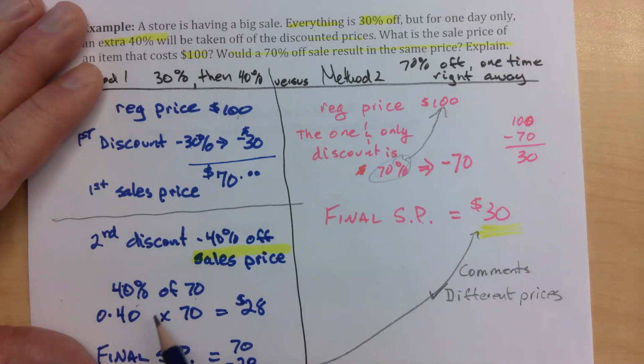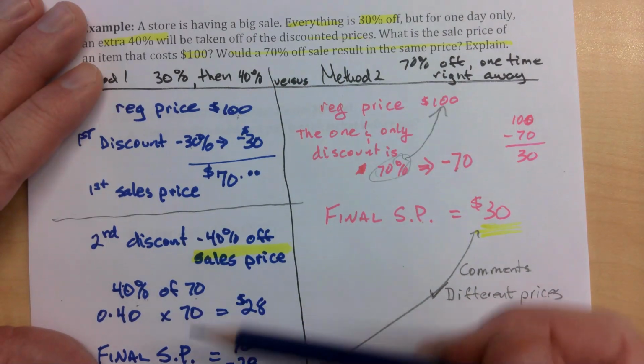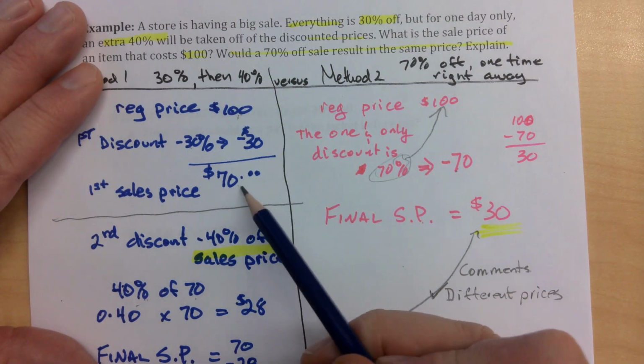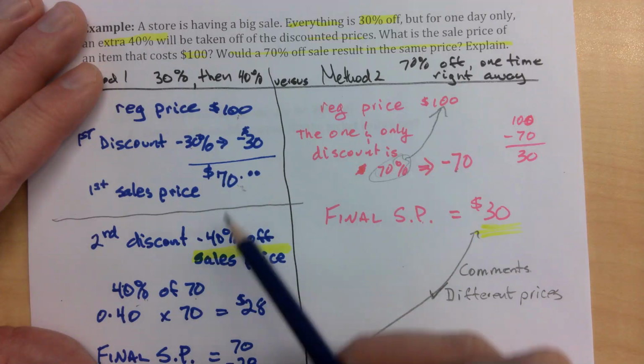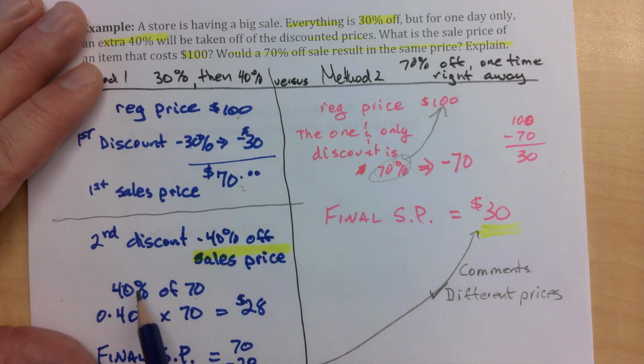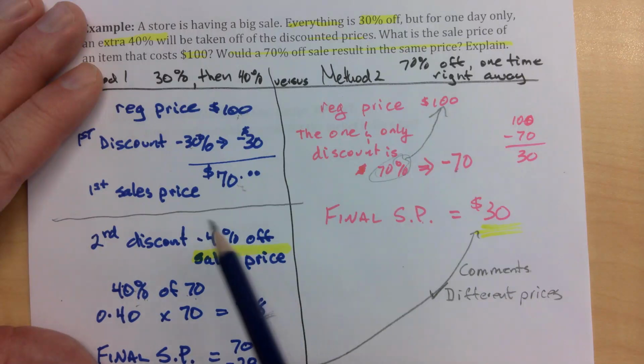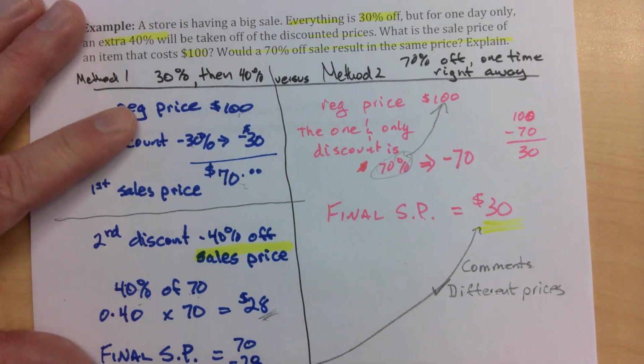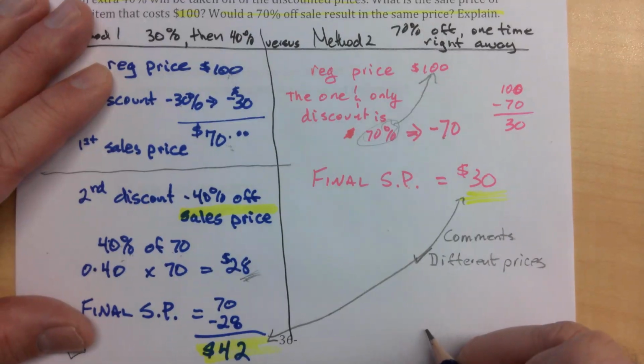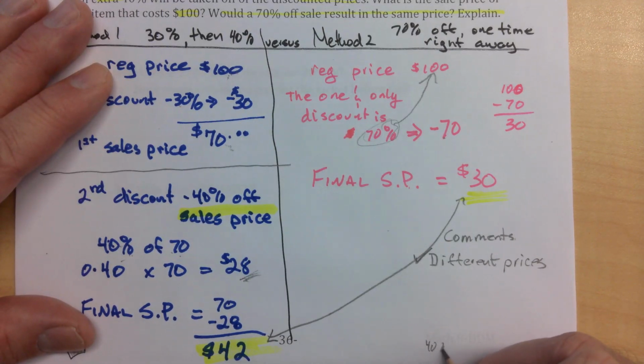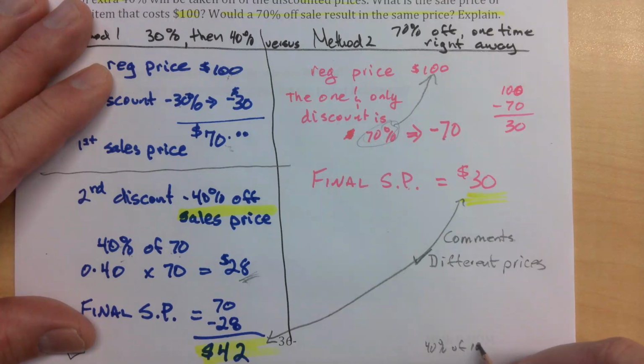So it's the fact that the 40% had to wait until this first sales price. 70 is less than 100, so this discount is less. 40% of 70 is 28. That's the precise answer. But 40% of 100 is $40.